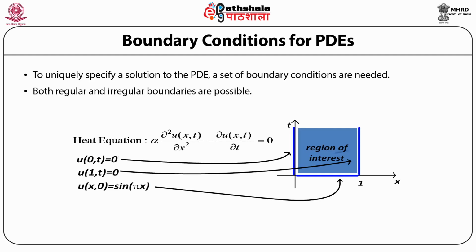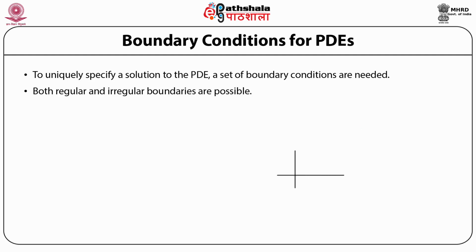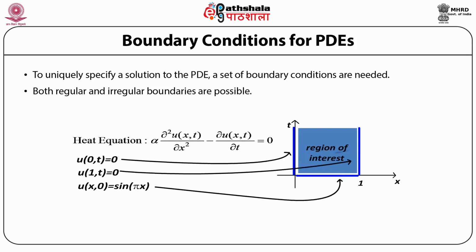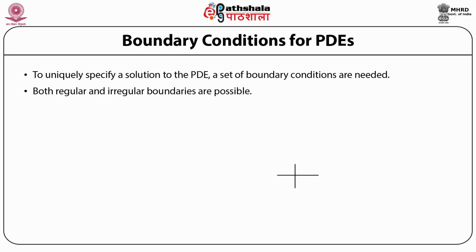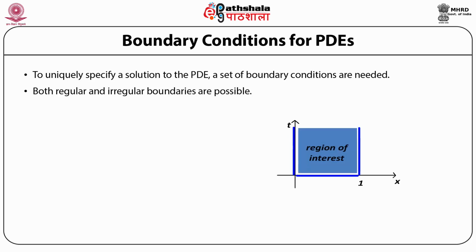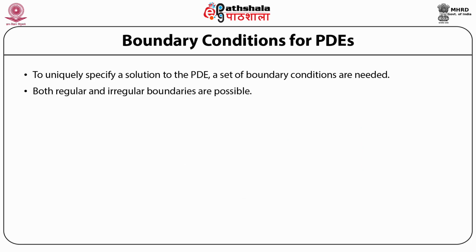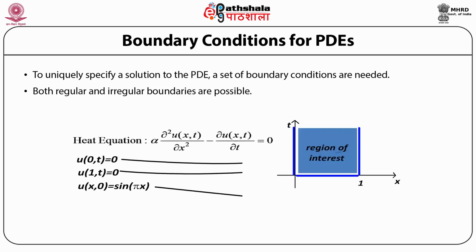However, be careful that the boundary conditions are perfectly set. When you say at time t equal to 0, sine pi x, this is called the initial condition. At time t equal to 0, if you mention any point, whether x equal to 0, x equal to 1, or simply x, meaning all values of x, then that is called the initial condition.